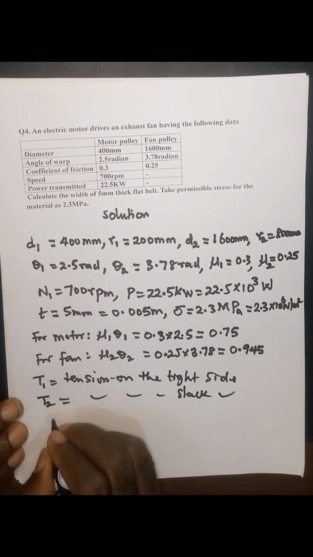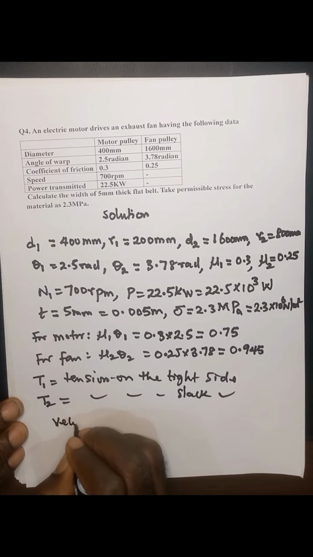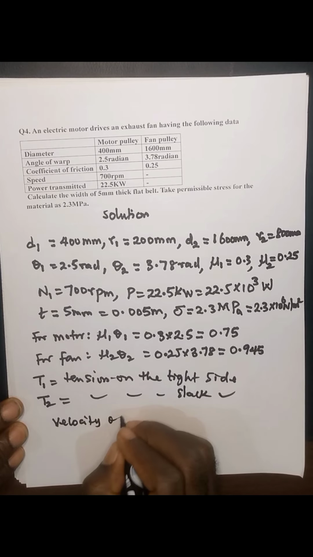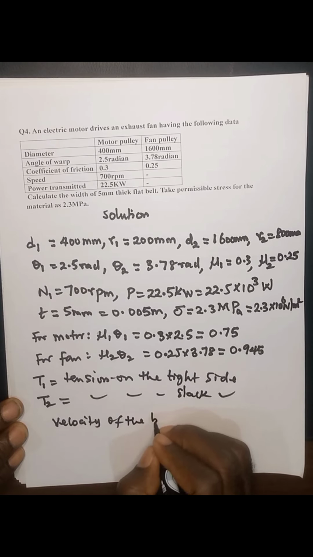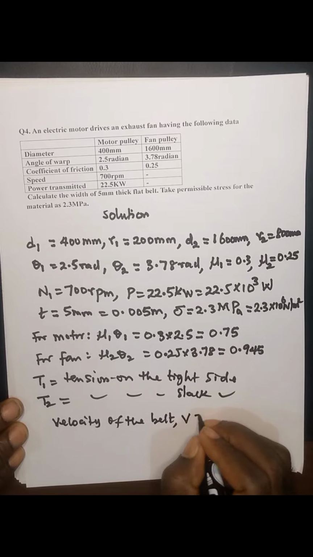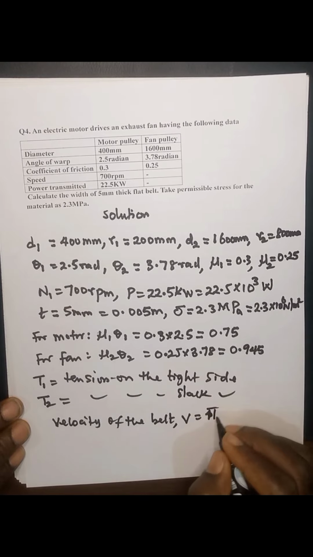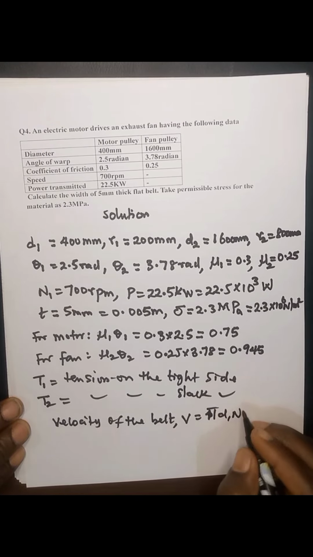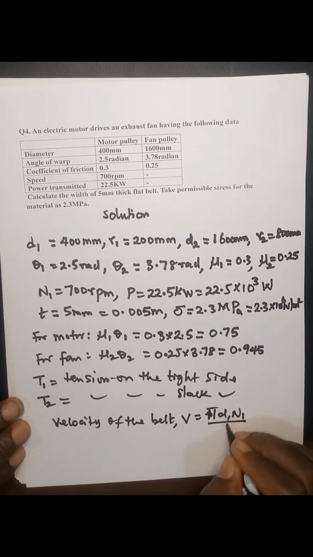Then we know that the velocity of the belt V is equal to pi d1 n1 over 60.